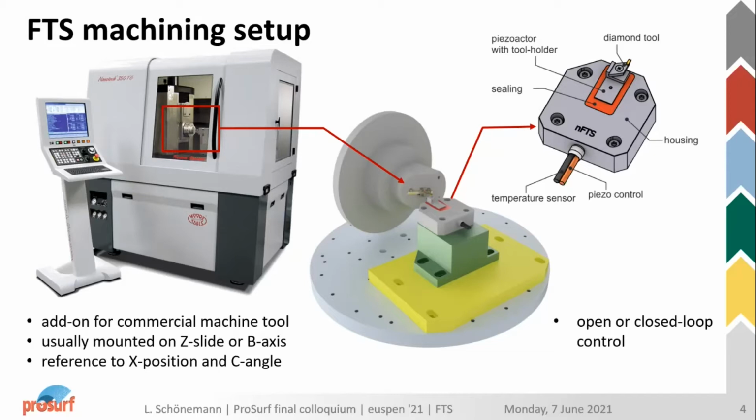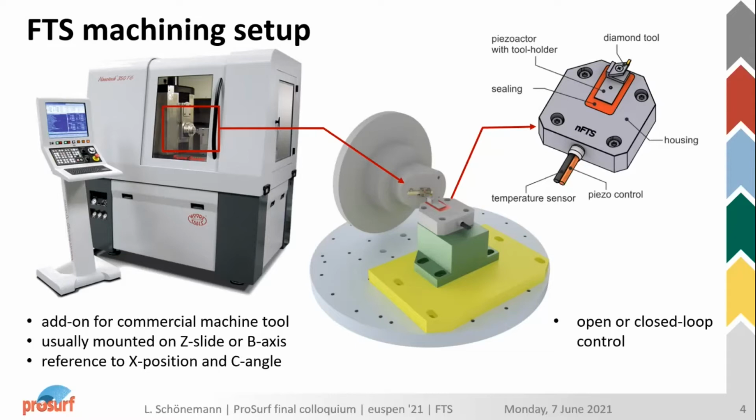And you can use these fast tool servo systems in an open or a closed loop control. Most fast tool servos are used in a closed loop control to get the maximum precision. However, for the nano fast tool servo turning that I will show you later on, we're actually using an open loop controlled system. So there's basically no feedback of the tool position, just an open loop control of the height that we want to machine.